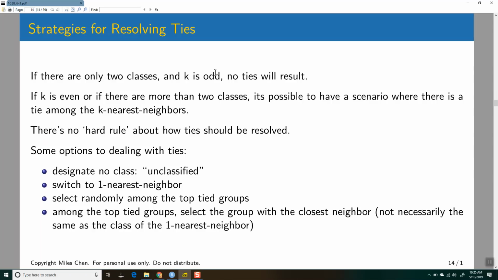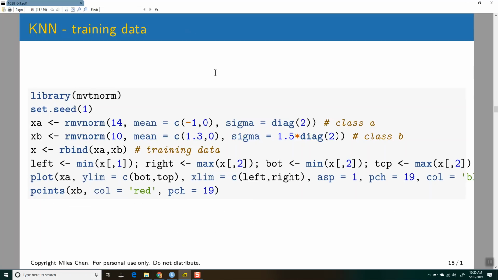Okay, so I just have some pictures here. We might finish early today. I'm going to take some random data from 2 multivariate Gaussians. I'm going to generate 14 points from one multivariate Gaussian where the mean is -1, 0, and it has no covariance, basically the identity matrix for the variance, okay?